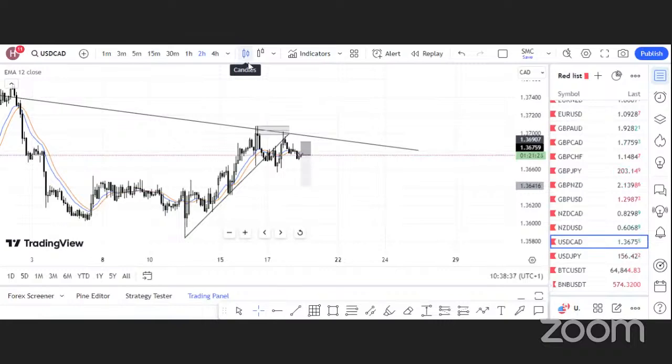But with our top-down analysis, the 4 hour time frame shows the market has been bearish for a while, and the 2 hour time frame also confirmed a bearish market.